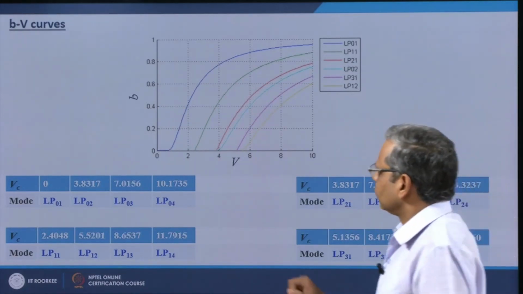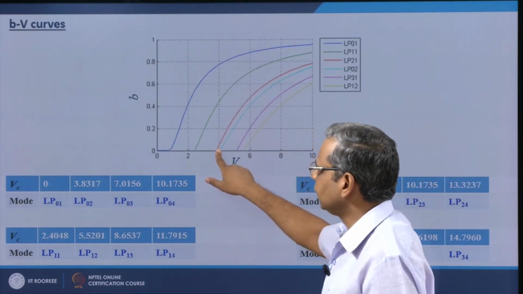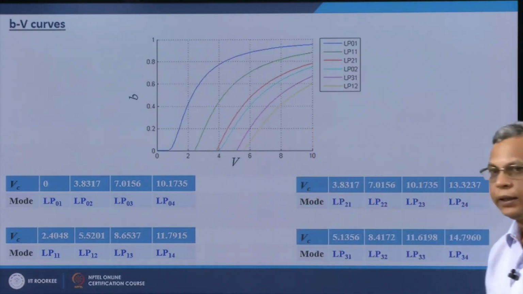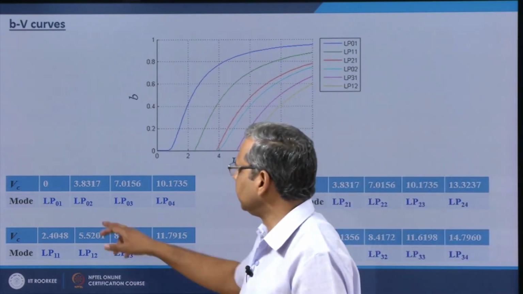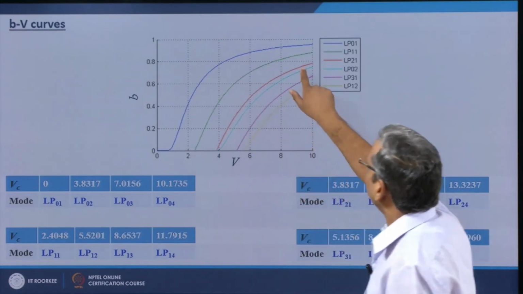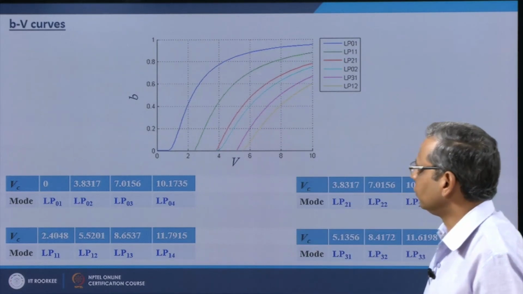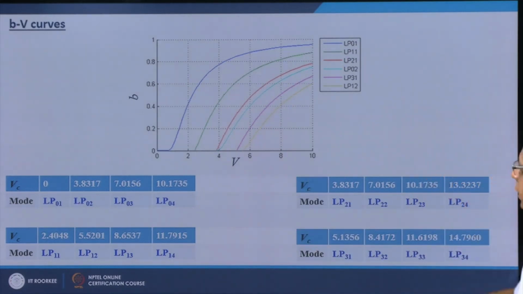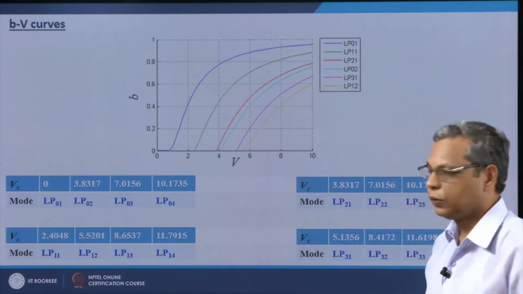So, both will start from here at 3.8317, and then if I solve the transcendental equation corresponding to these modes, the propagation constant varies like this. So, LP21 mode goes like this and LP02 mode goes like this. Similarly, the next one is LP31 and the next one is LP12.